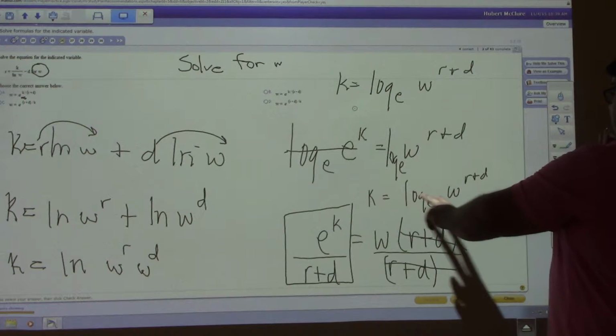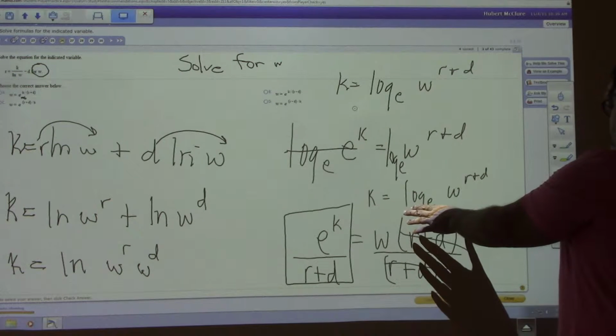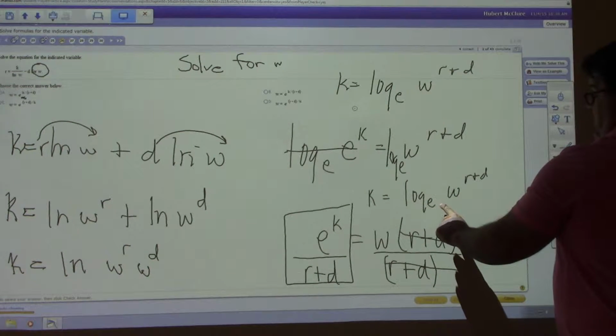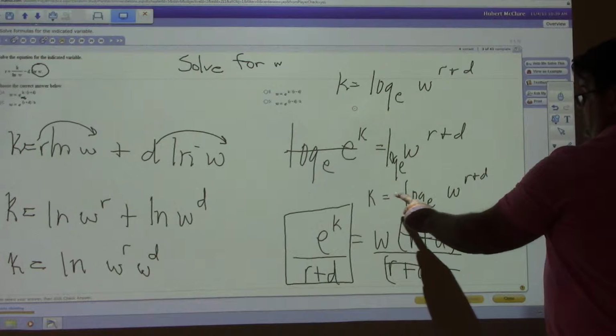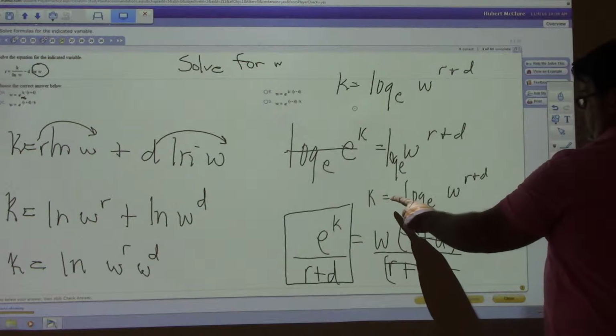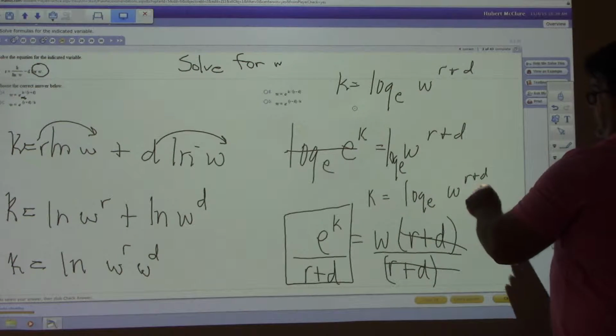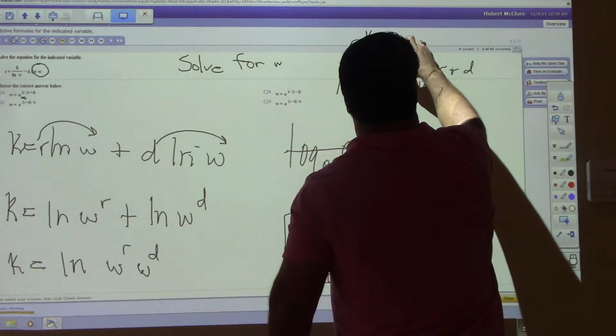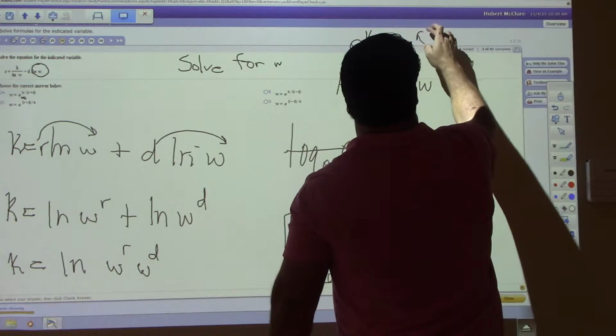And this is the rule, the definition of logarithm. So that's E to the K is equal to W to the R plus D. E to the K is equal to W. Same thing.